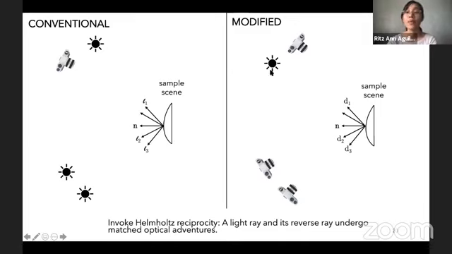Then we can use our single pixel detector system to retrieve the 3D structure of the scene from the shading information collected by each single pixel detector. So the camera here is a single pixel detector. All right.